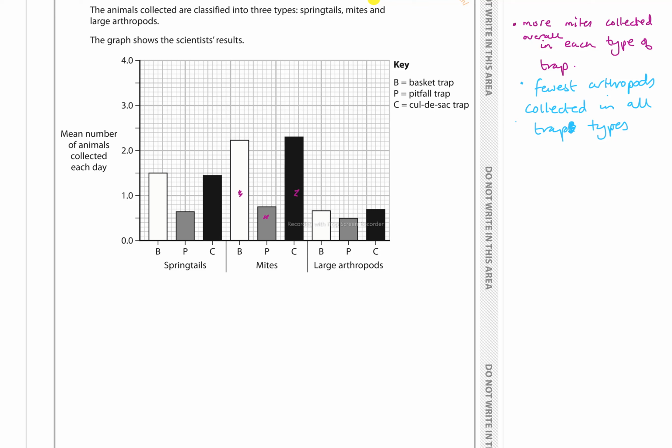Right, there's more mites collected overall. Okay.